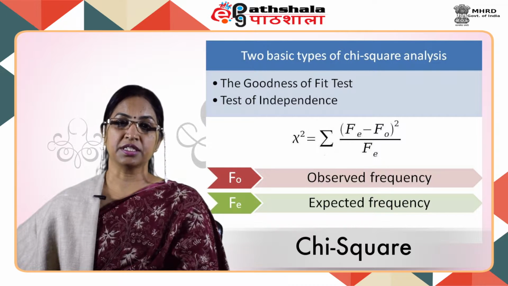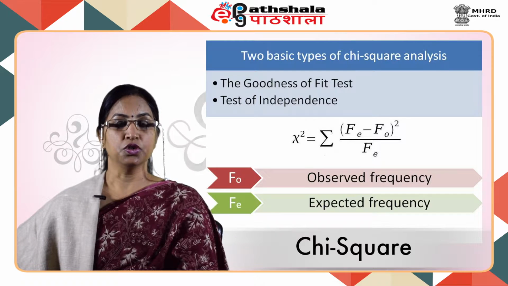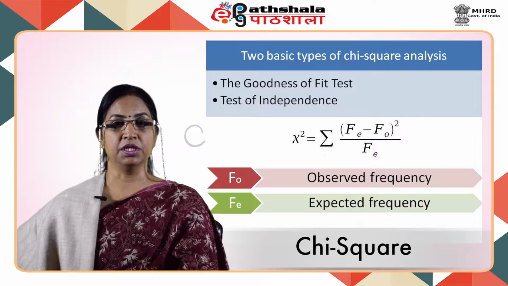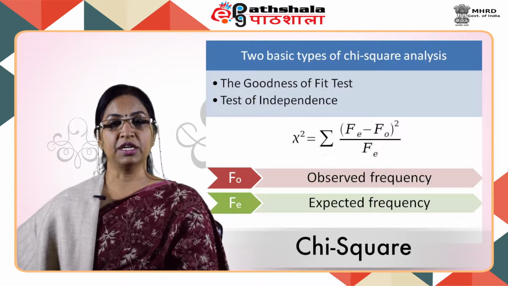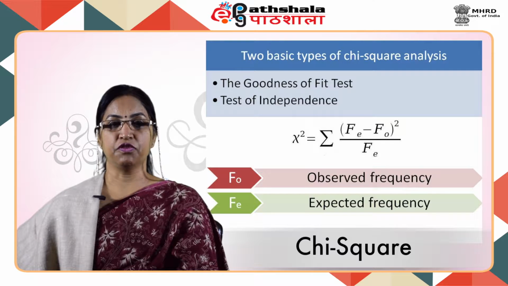There are two basic types of chi-square analysis: the goodness of fit test used with a single nominal variable and the test of independence used with two nominal variables. Both types of chi-square use the same formula.